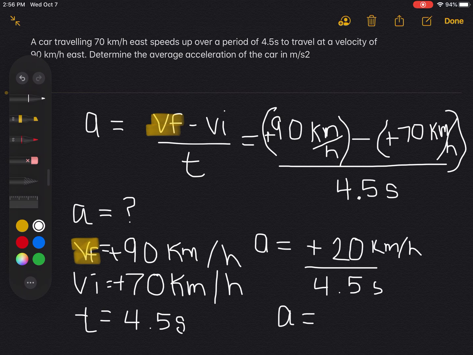So if we divide those two, 20 divided by 4.5, we get 4.44 repeating. I'd like you to keep 2 decimal places, and that's in meters per second squared. Okay?